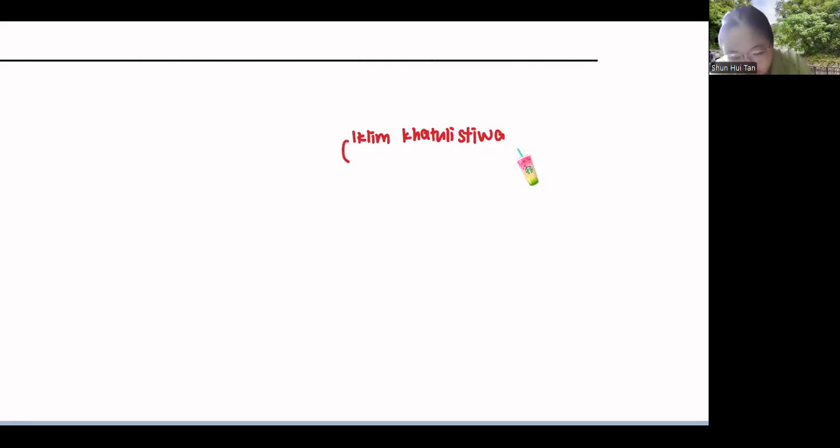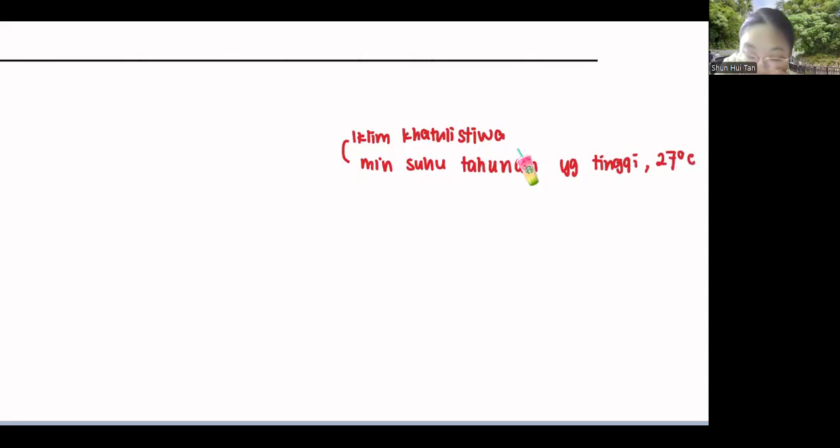You're gonna say that Malaysia mempunyai min suhu tahunan yang tinggi, yaitu 27 degrees Celsius. Panas dan lembab can also be one of the points.